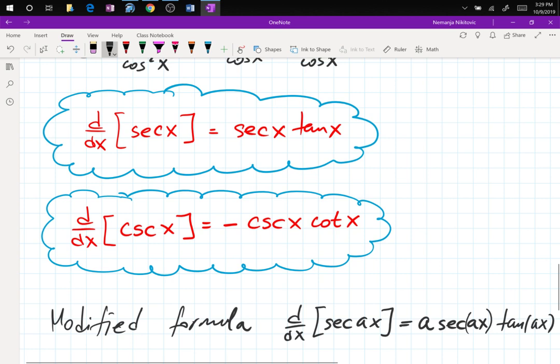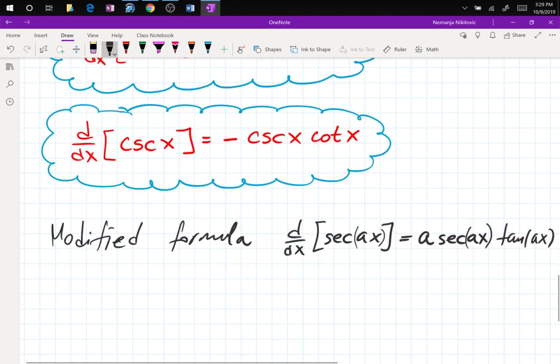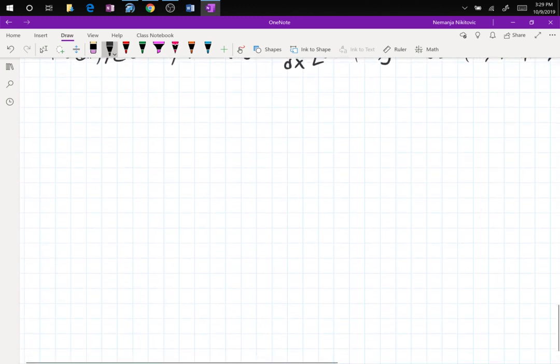So if you have that a in front of x, any number, it will go in front, and then secant gets its a, tangent has its a in the answer, so all of those would stay. Good. So now we know all 6 trigonometric formulas.